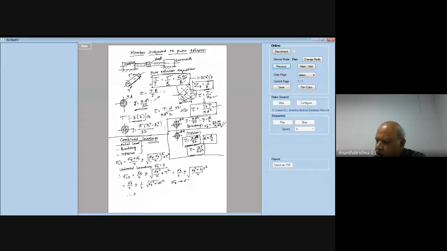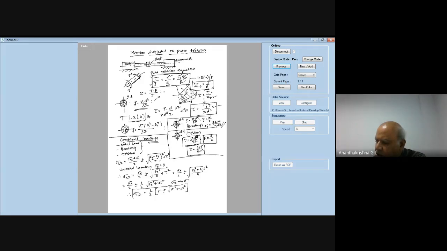I get the maximum principal stresses in combined loading, sigma 1, 2, given by half of sigma plus or minus root of sigma square plus 4 tau square. Are you there with me?